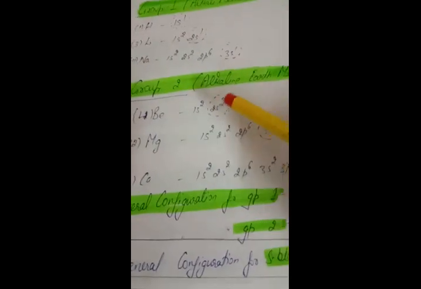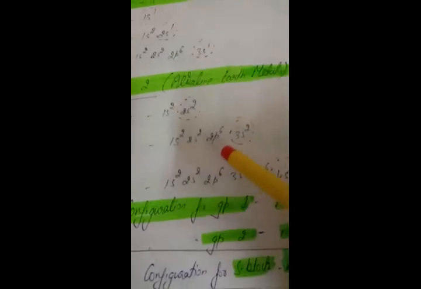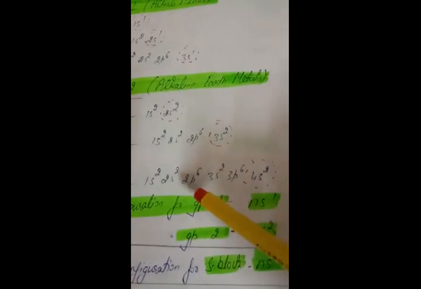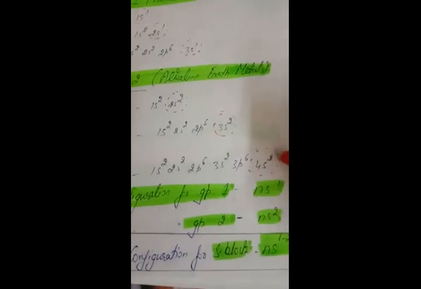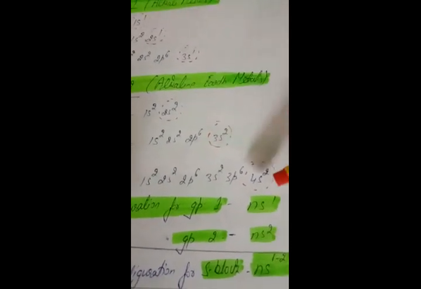Then group 2, they are called alkaline earth metals. Beryllium, configuration 1s2, 2s2. Magnesium, atomic number 12, configuration last one is 3s2. Then next calcium, atomic number 20. Try to write these configurations yourself. Its configuration ends at 4s2. So now what's common in this? Each valence shell has 2 electrons.